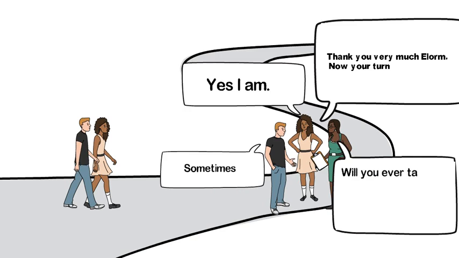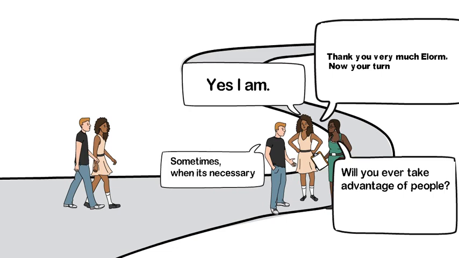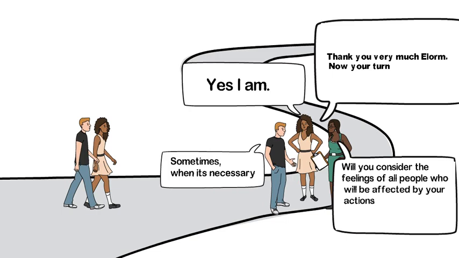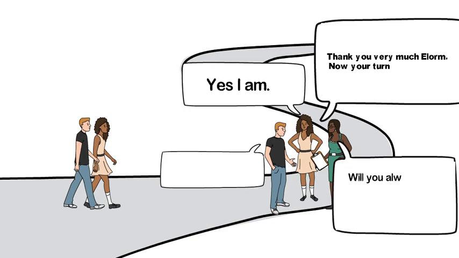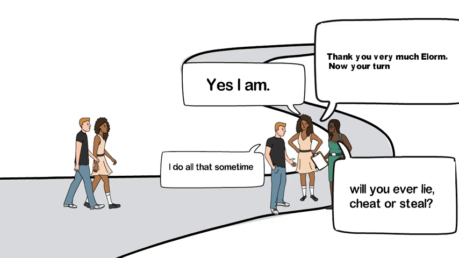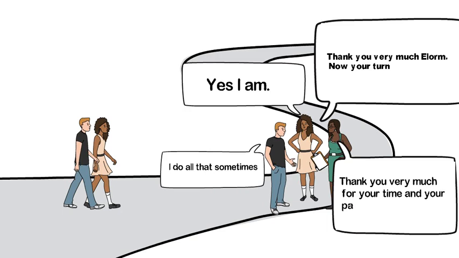Will you ever take advantage of people? Sometimes, when it's necessary. Okay, Kuku. Now listen to this. Will you consider the feelings of all people who will be affected by your actions and decisions? No, I won't. Why should I be bothered? Will you always tell the truth? I will try to. Sometimes. Finally, Kuku, will you ever lie, cheat, or steal? I do all that sometimes. Thank you very much for your time and your patience. I appreciate it.